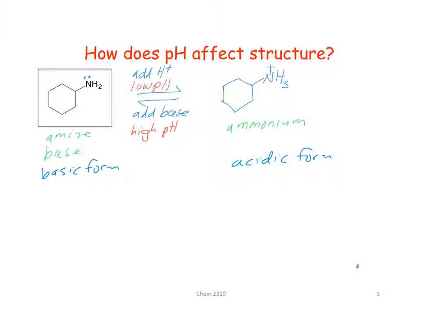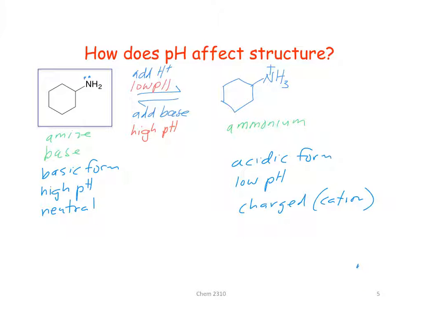Like we mentioned above, the basic form would be present at high pH, the acidic form at low pH. Now which of these two is neutral in this case? The ammonium ion has a plus charge, so it's the amine that's neutral, and this one over here is charged, and this time we have a cation.